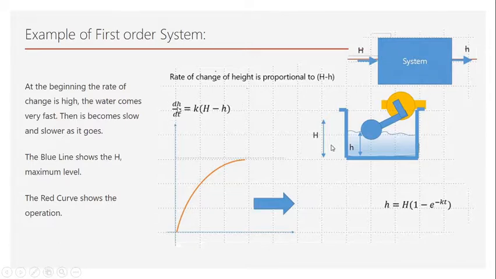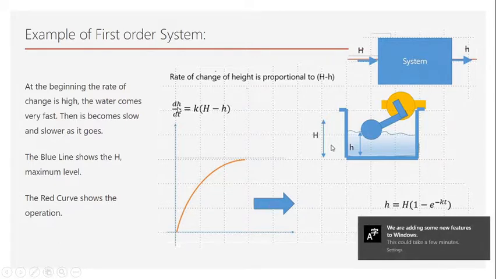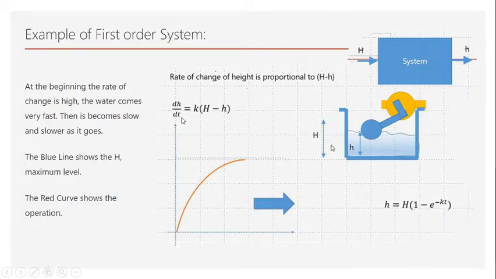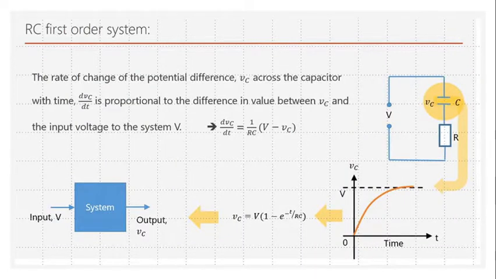As you can see, we are looking at the rate of change. Rate of change when we are looking at first order is giving us a nice clue that this system is a first order system. I'm going to explain another example here.